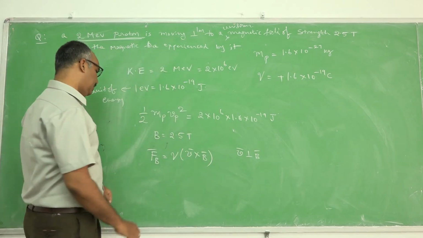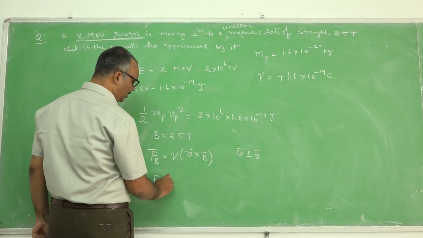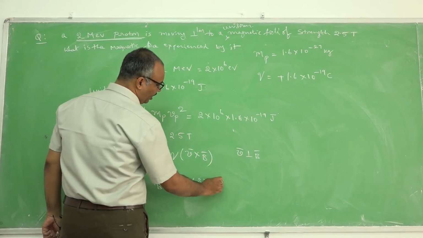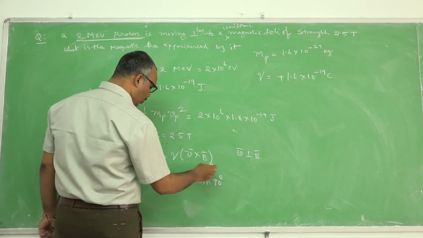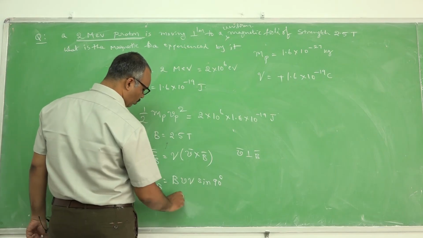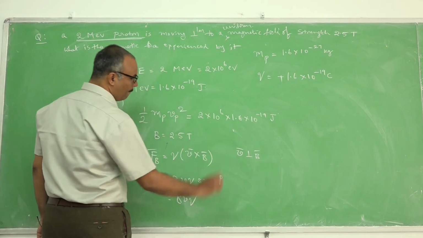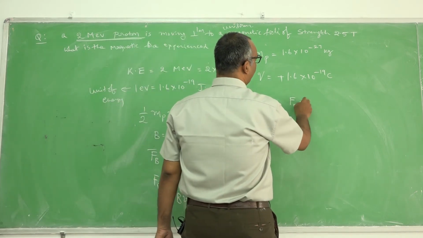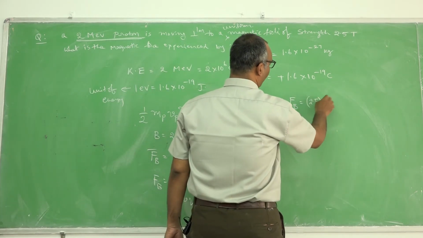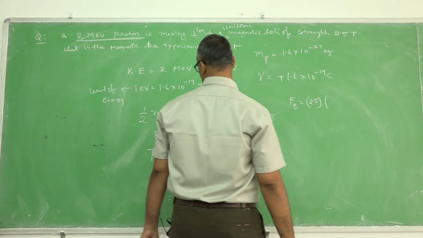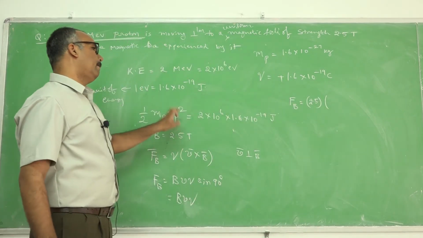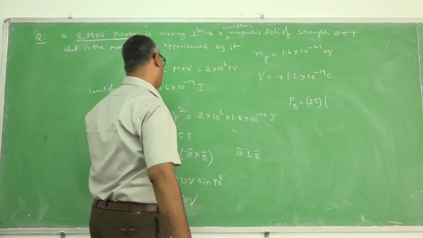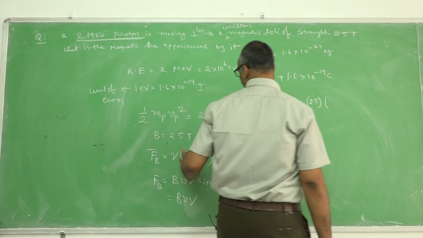If you expand this, force due to magnetic field is given by BVQ sin theta. Theta is 90, sin 90 is 1, so no need to worry about this. You are left with only BVQ. So force due to magnetic field is given by B, the strength of the magnetic field, 2.5 Tesla, times the velocity of the proton. So how to get the velocity of the proton here?